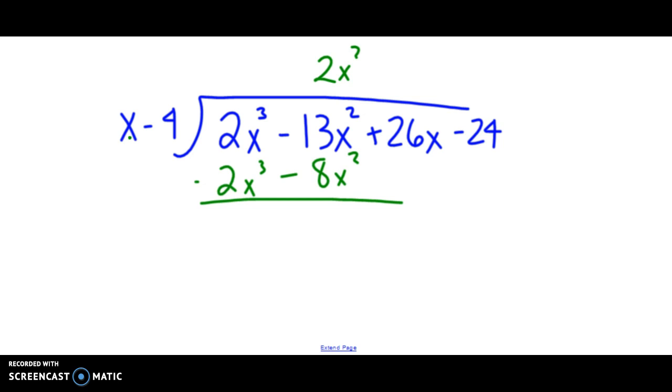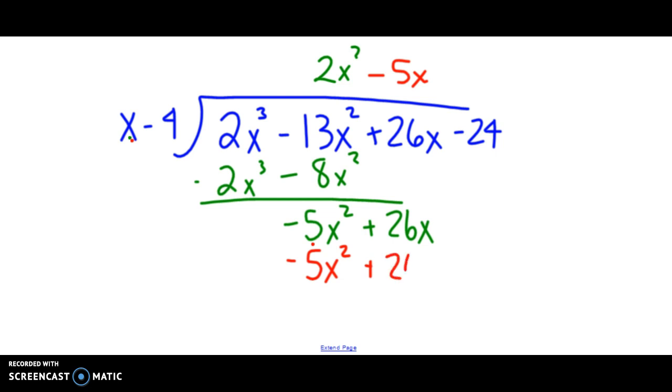So negative 13 plus 8 would be a negative 5x squared plus 26x. Now I say, what do I multiply x by to turn into negative 5x squared? That's a negative 5x. And so I get negative 5x squared, and then I get a positive 20x. And I subtract. Notice this becomes 0, and then I get 26 minus 20 would be 6x, minus 24 drops down.